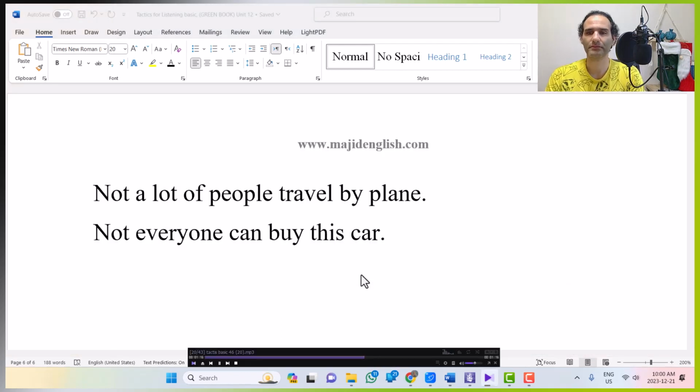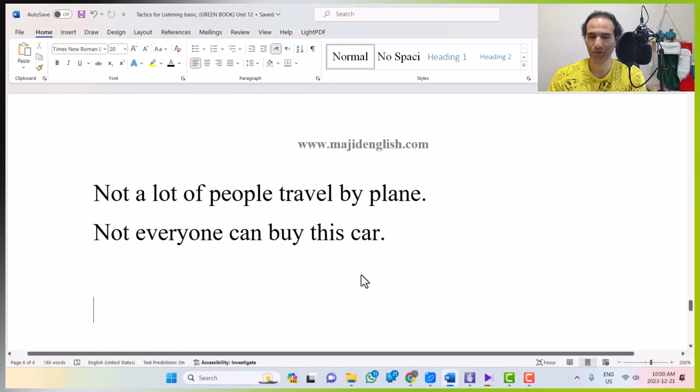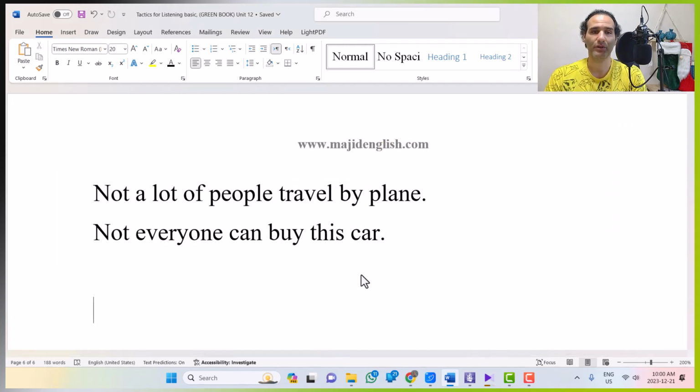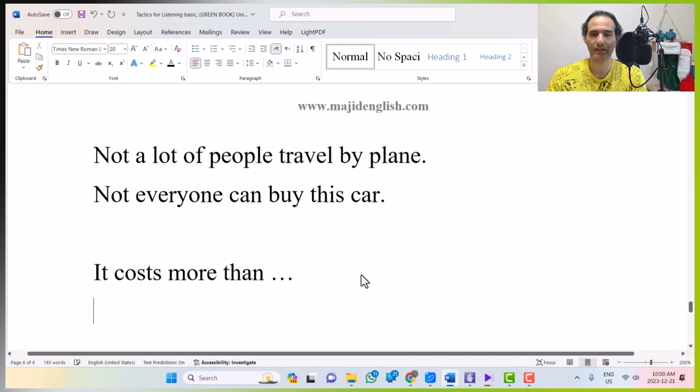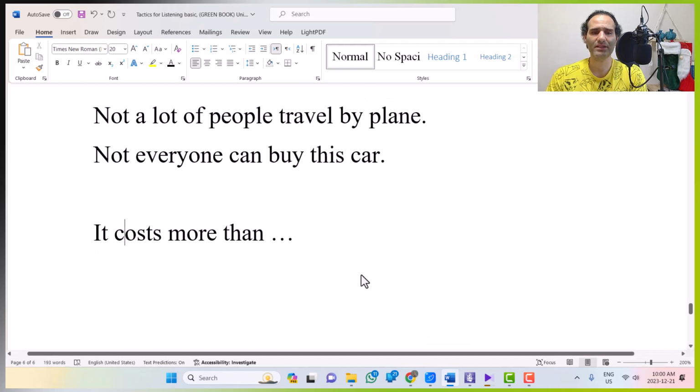Okay? Because it costs more than what most people can afford. Afford, we have talked about it, but something here regarding pronunciation. My point is this S here.